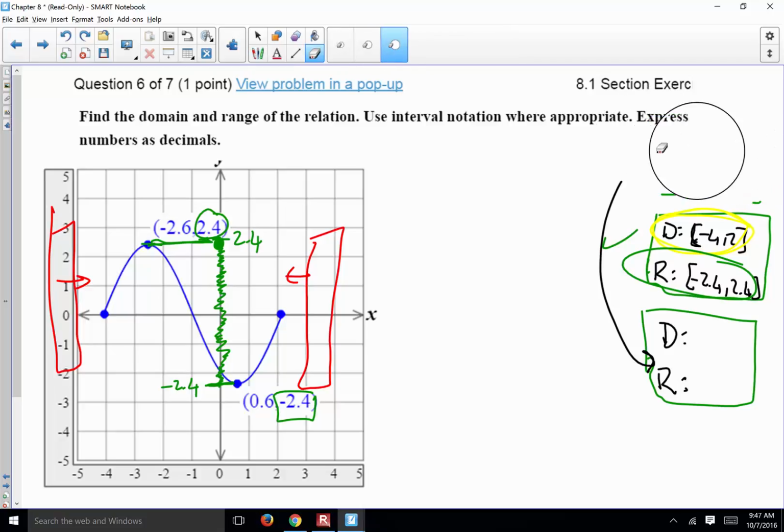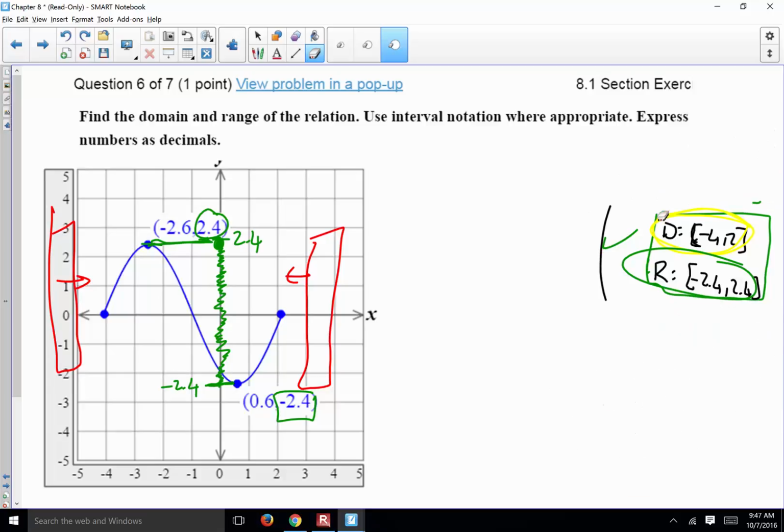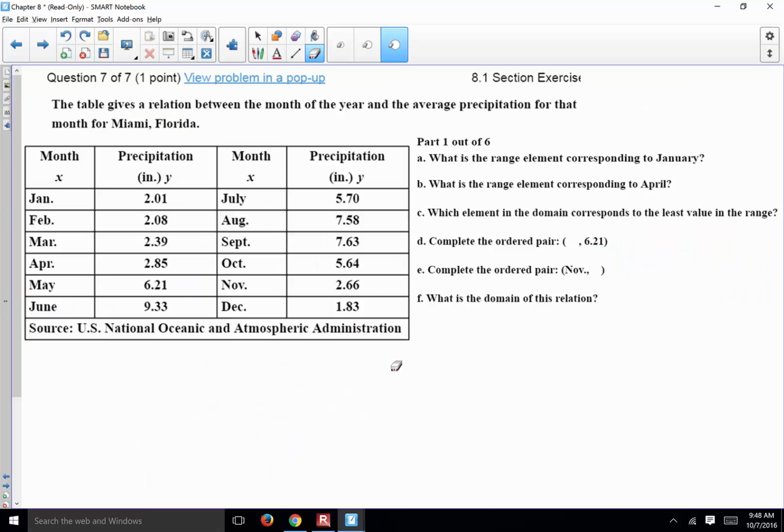Okay. Are we good? And the final question. This is kind of fun. I mean, it has nothing to do with smashing anymore. It just has many parts.